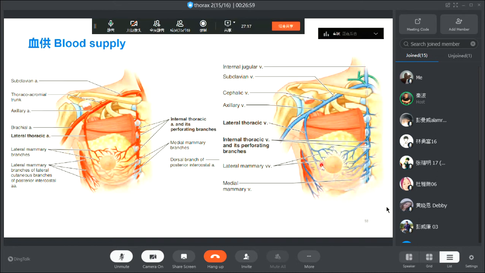The blood also drains through the lateral thoracic vein, and the blood drawn into the internal thoracic vein and the perforating branches also gets into the subclavian vein. So this picture shows the breast veins.